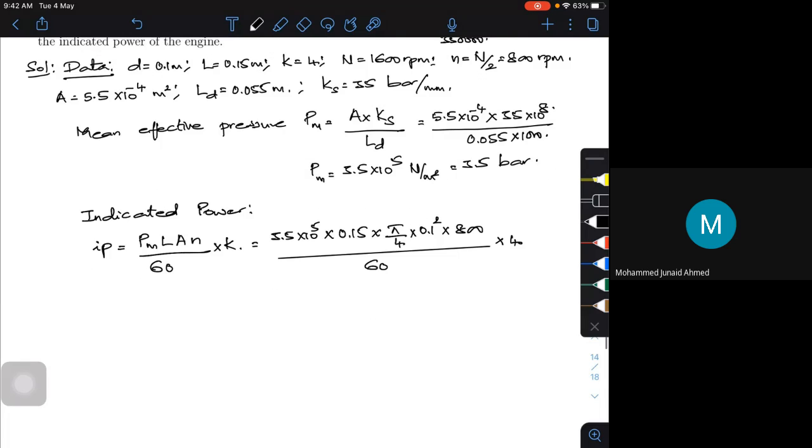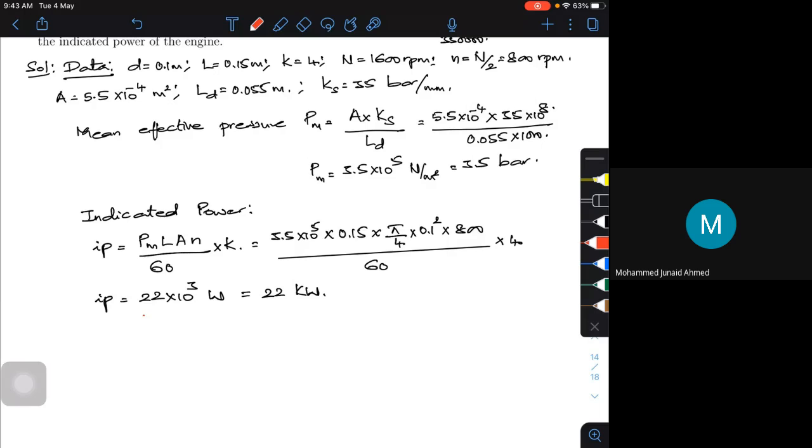If I try to find this IP, I am getting around 22, or 21.99, so 22 kilowatts. So 22 into 10 to the power of 3 watts, or it is 22 kilowatts. So this is the value.